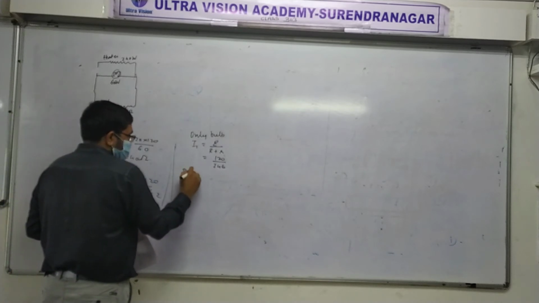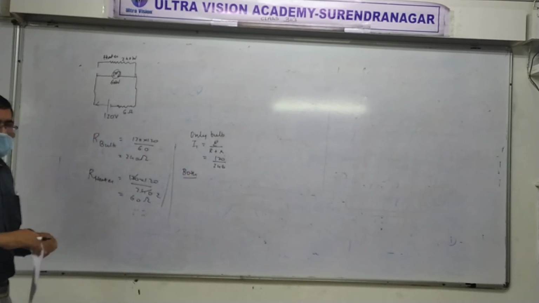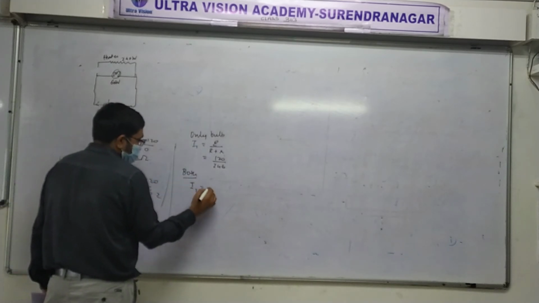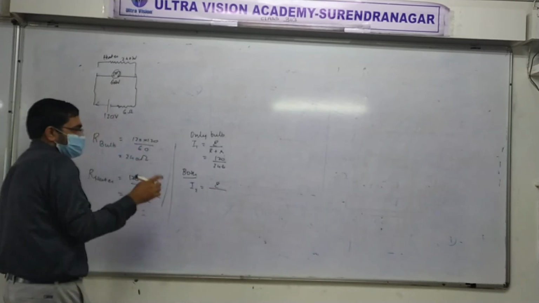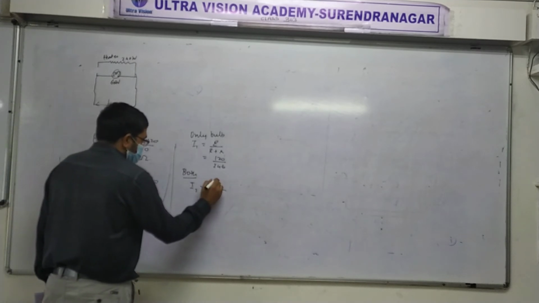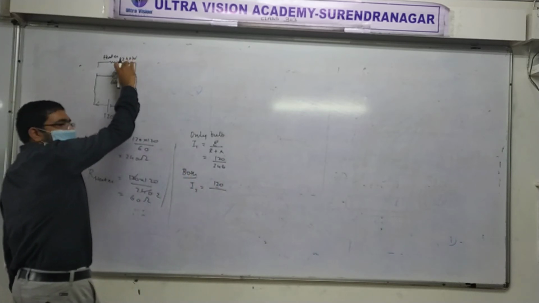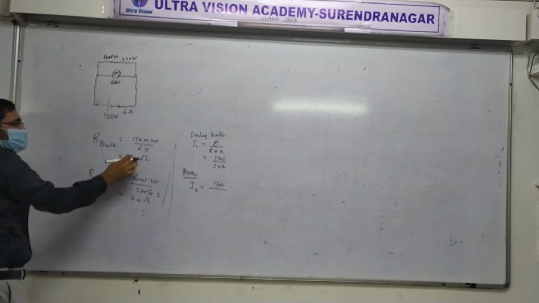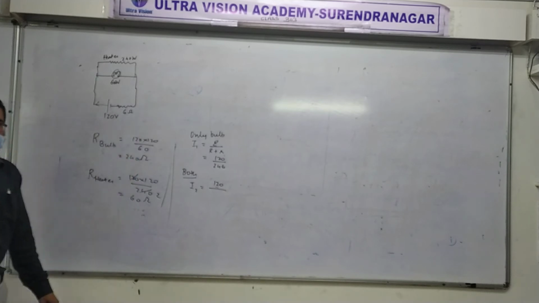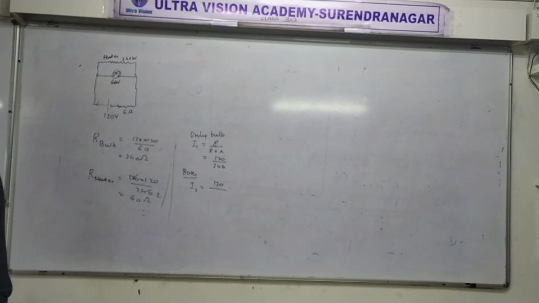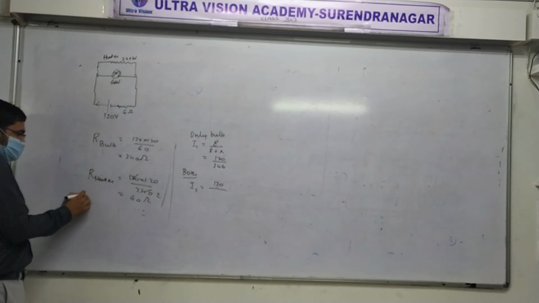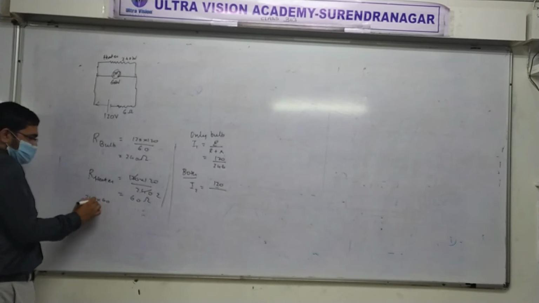Okay, now both the bulb and heater. So I2 is equal to epsilon upon R equivalent plus r. This time also the formula is same, but the values are different because R equivalent is different. 240 and 60 are in parallel, so 240 into 60 upon 300.